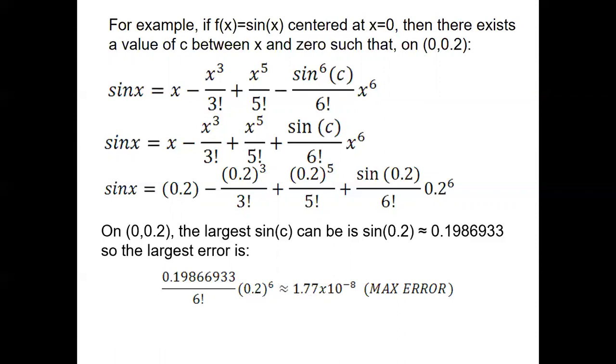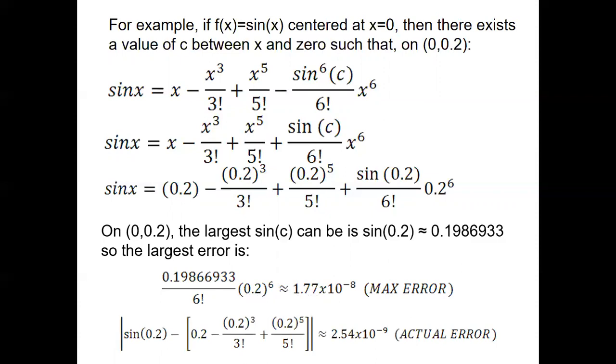I know that doesn't put it into too much context, so let's look at what the actual error was. The sine function at 0.2 minus the polynomial's approximation at 0.2. This is literally like us toggling back and forth between our functions at the very beginning. It turns out to be 2.54 times 10 to the negative 9th.